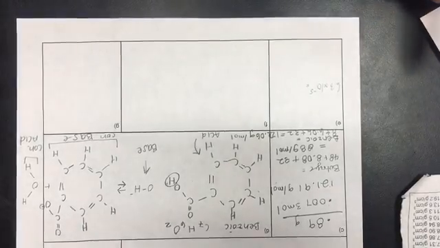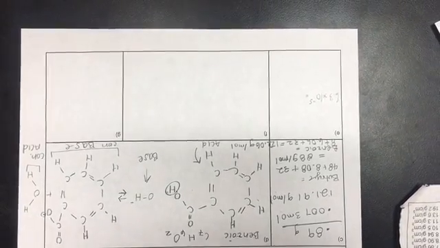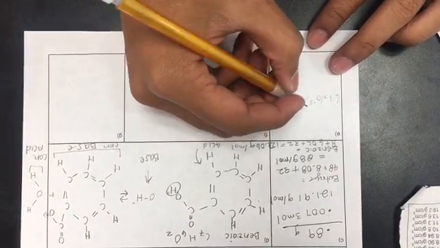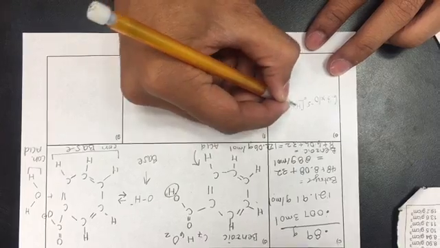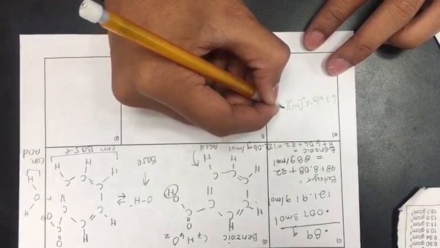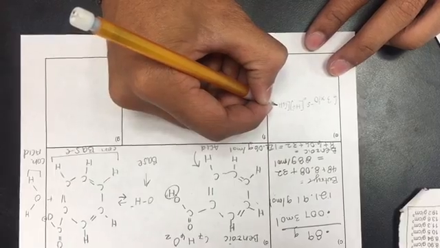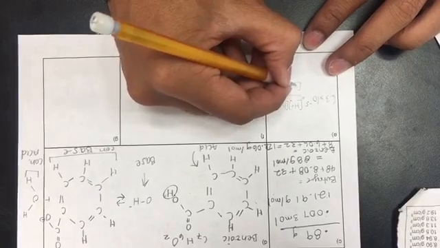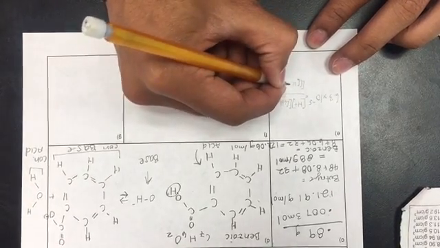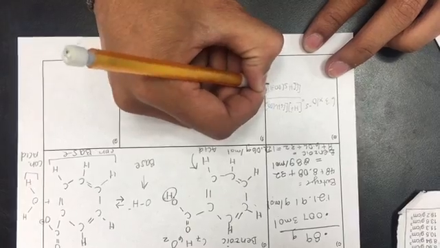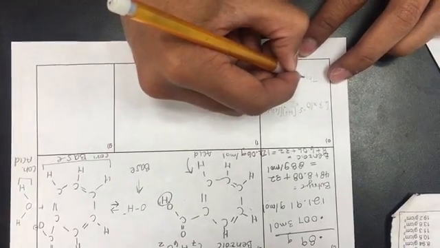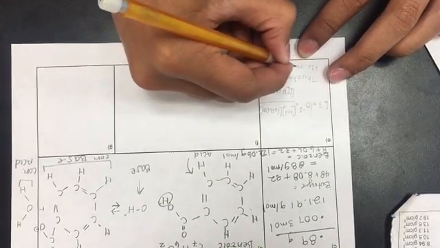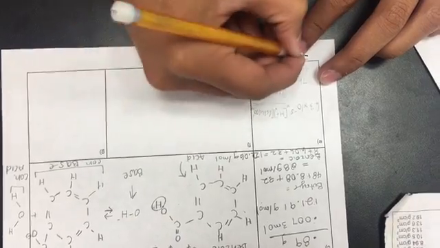And then you use the conjugate base and H plus over the reactant, which is C6H5COOH. So the ratio of the products to the reactants.